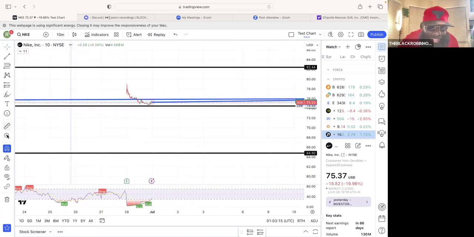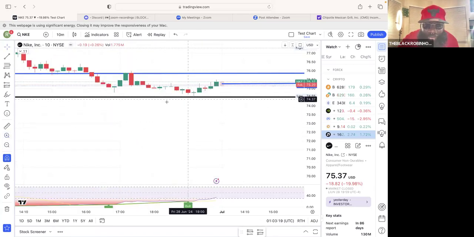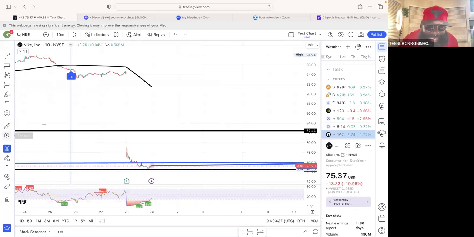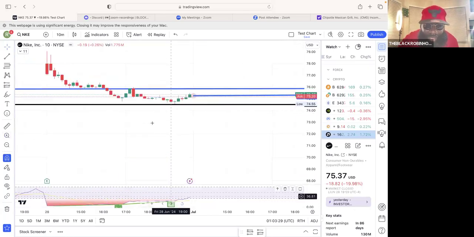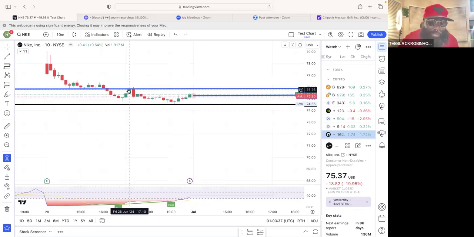So the 10 minute, if we were trading this chart, this time frame, we could have made money on Nike, right? Because you could have bought here when it came down here, 75 to 75, 75. That's money, depending on what contracts you buy.